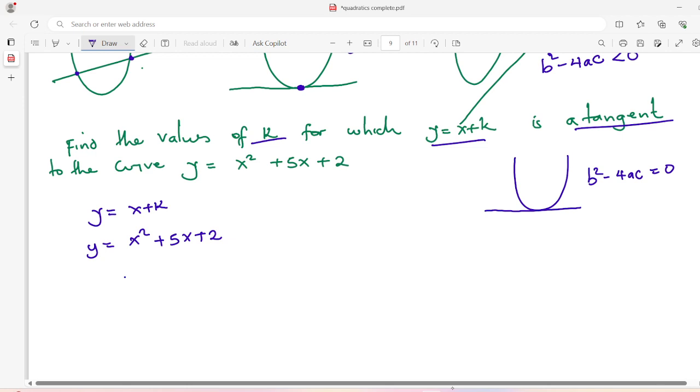So x squared plus 5x plus 2 is equal to x plus k. This is not quadratic yet. I take everything to the left hand side. So I have 5x minus x plus 2 minus k equaling 0. I end up having x squared plus 4x plus 2 minus k equaling 0. So this is something quadratic.